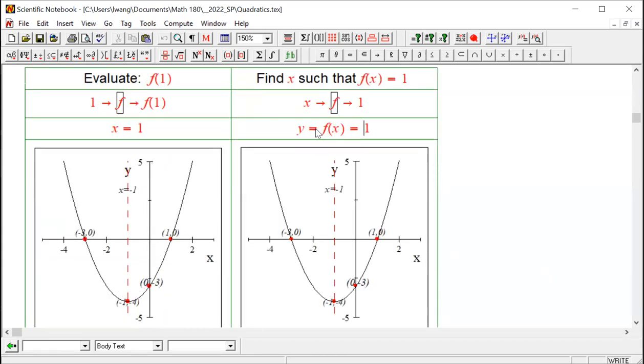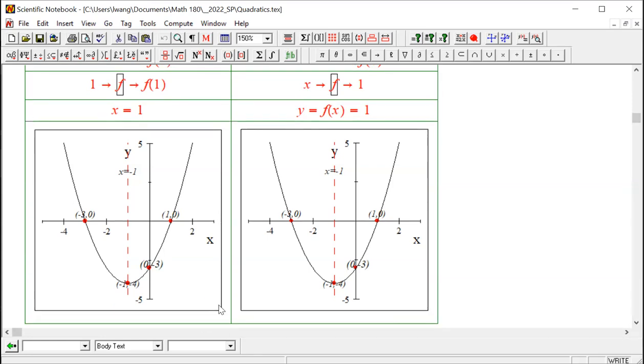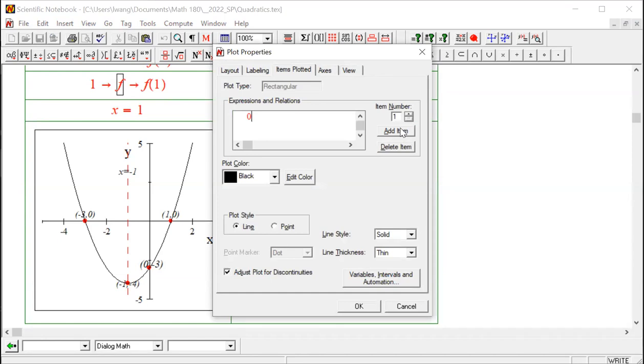When you introduce y, you have to tell the reader y is f of x. That tells the reader y is the output. So let's draw the vertical line.